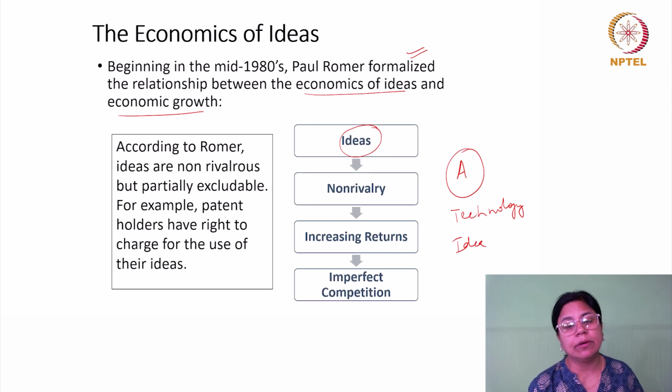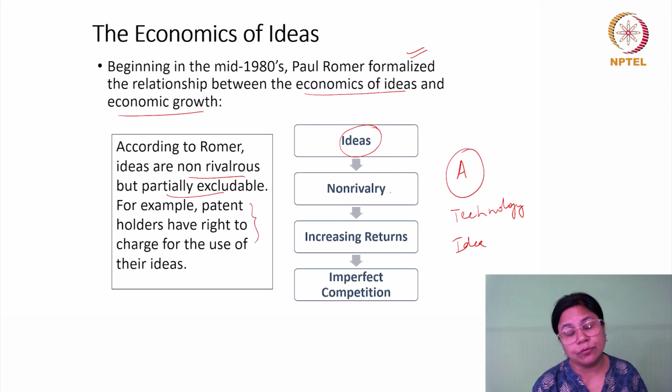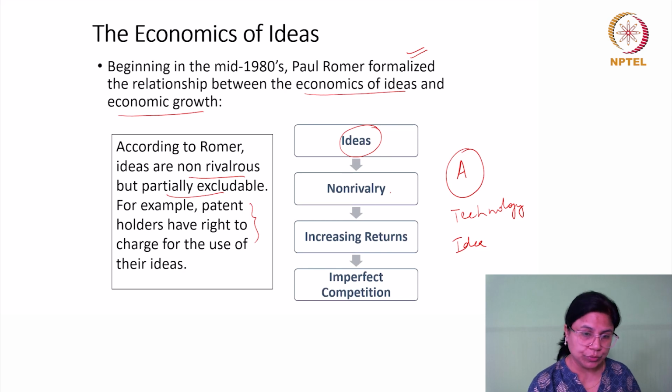Now these ideas are non-rivalrous in nature and they are only partially excludable. For example, a person can hold a patent over an idea and may either charge a fee or not let others use it. That kind of mechanism ensures a partial excludability of ideas from the use of others.